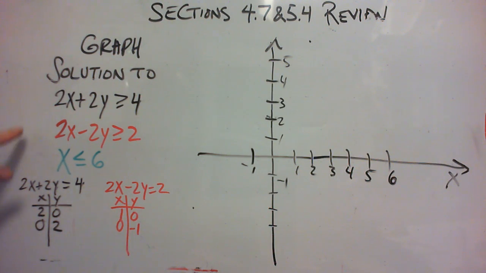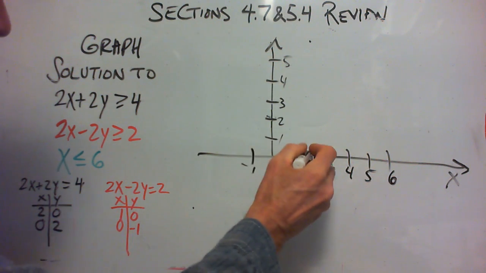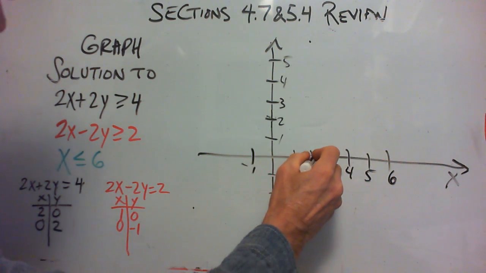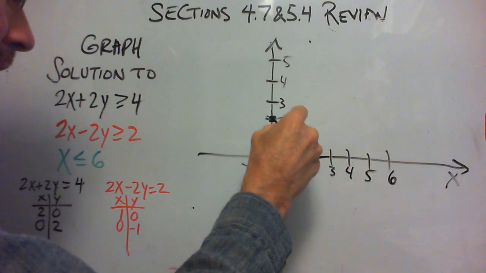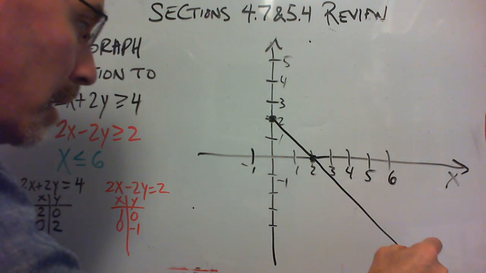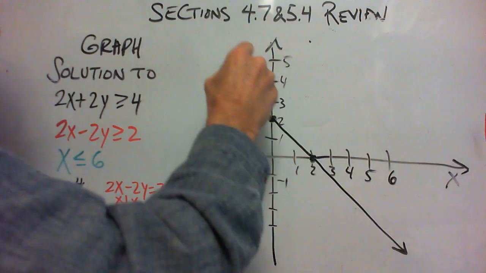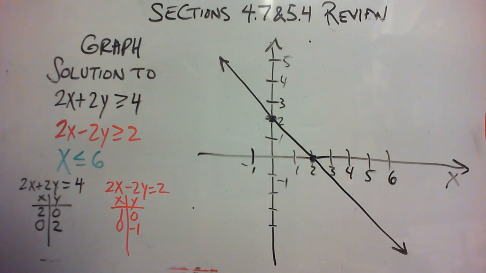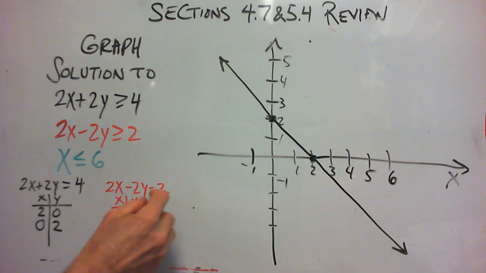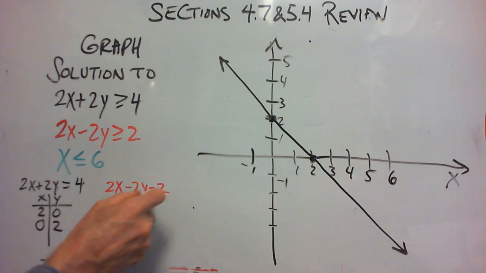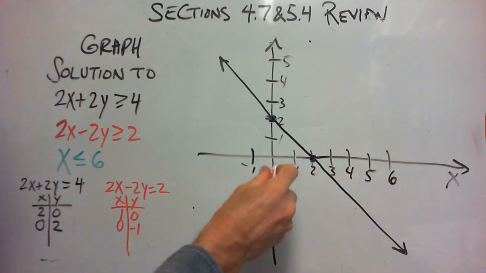So our boundary line for our first inequality, 2x plus 2y equals 4, has intercepts 2, 0 and 0, 2. So 2, 0 and then 0, 2. It's a solid line. Then our second inequality, the boundary line, 2x minus 2y equals 2, has intercepts 1, 0 and 0, negative 1.